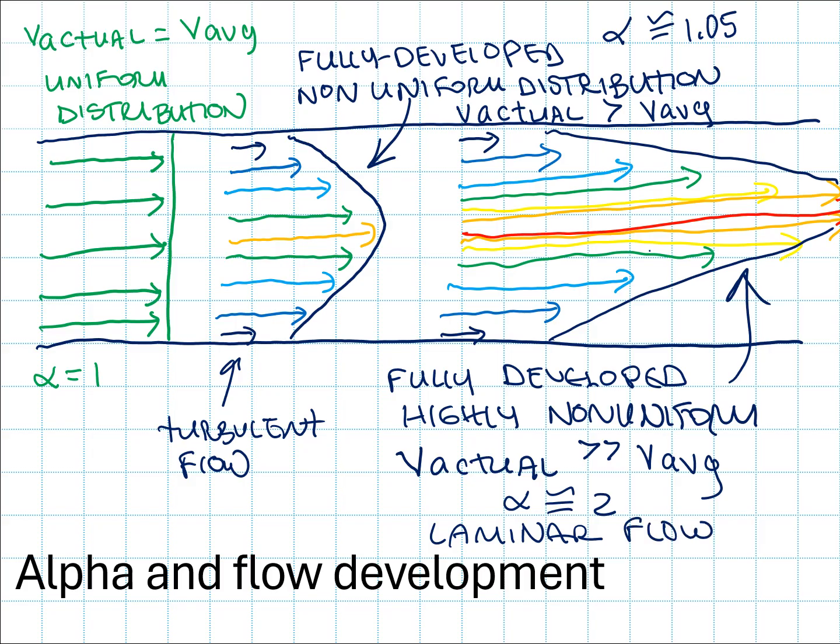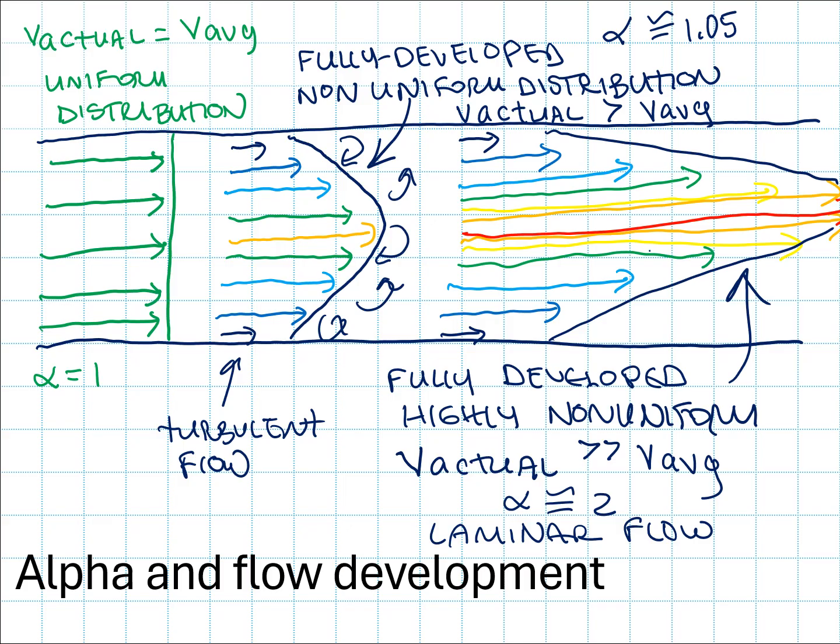So how does turbulence affect the distribution of velocity? Well, if you remember, a turbulent flow has all of these kinetic momentum transfer turbulent eddies that are happening. And these turbulent eddies and the chaos of the flow tend to restrict the development of the flow profile so that the fastest flow speed isn't able to increase that much higher than the slower flow speed.